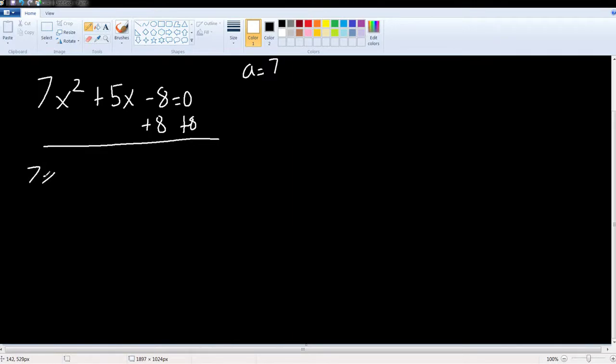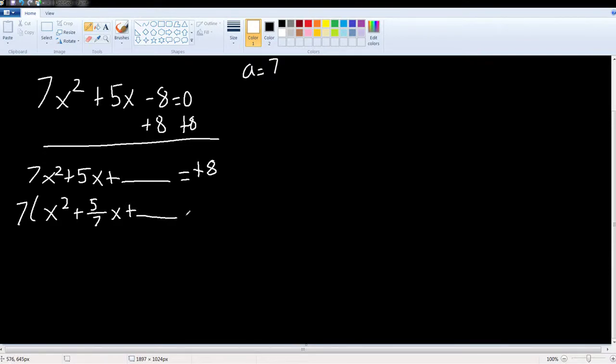We are then left with 7x squared plus 5x plus blank is equal to positive 8. Now since a is not 1, we need to factor out a from the left side of the equation. So we get 7 times x squared plus 5 over 7 x plus blank, still equal to positive 8.